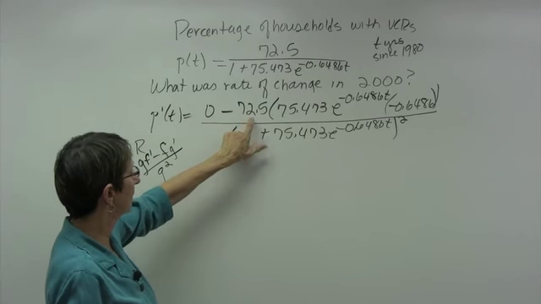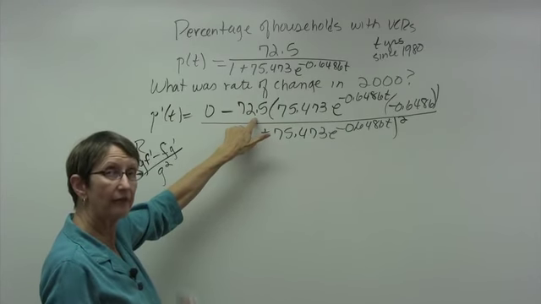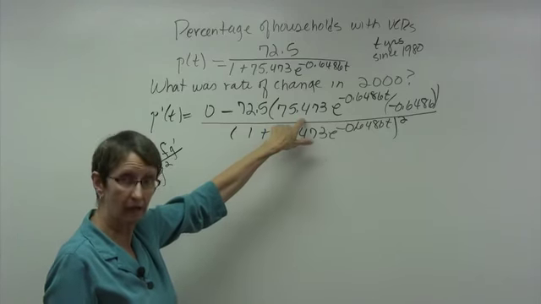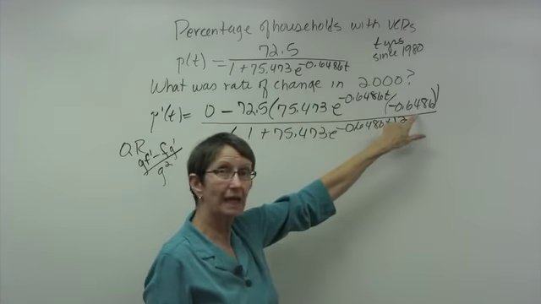We could multiply negative 72.5, which is a constant, times that constant, times that constant.